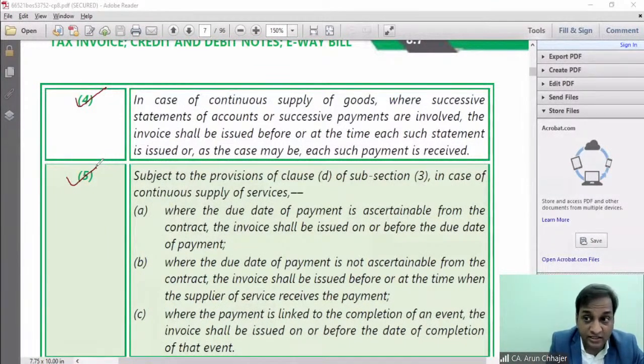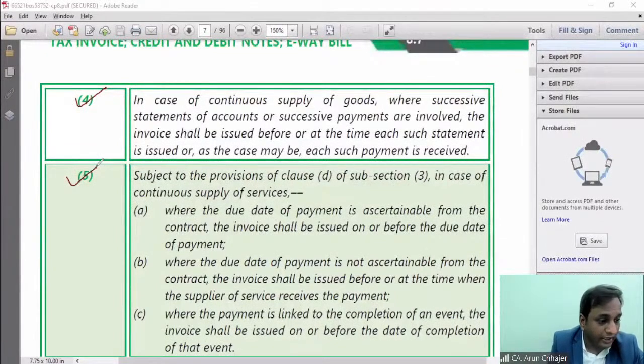There is no condition of continuity of 3 months in case of continuous supply of goods. That is the difference. For saying continuous supply of goods, there is no requirement of continuity for any period. But in case of service, it is necessary that it should be for a period of more than 3 months.